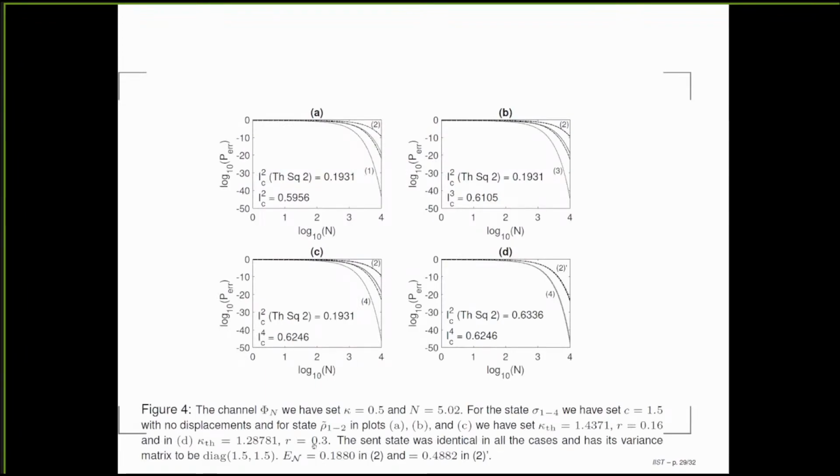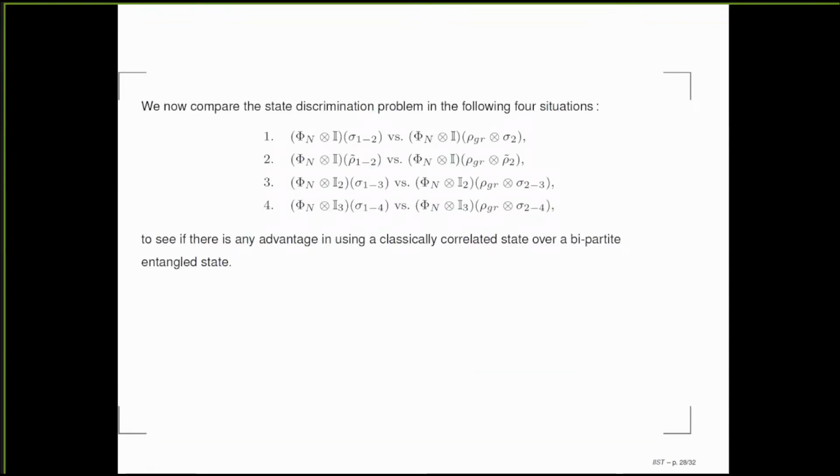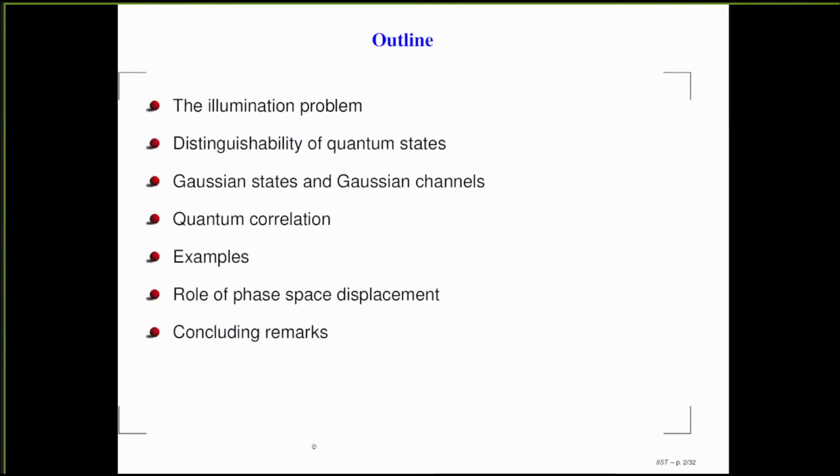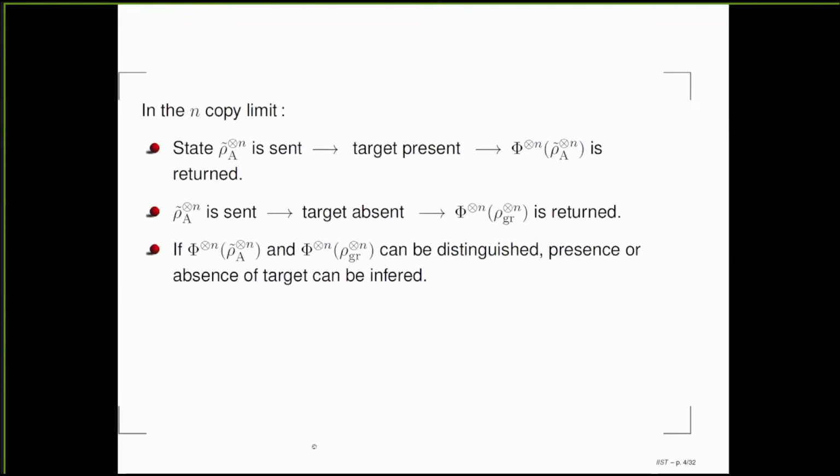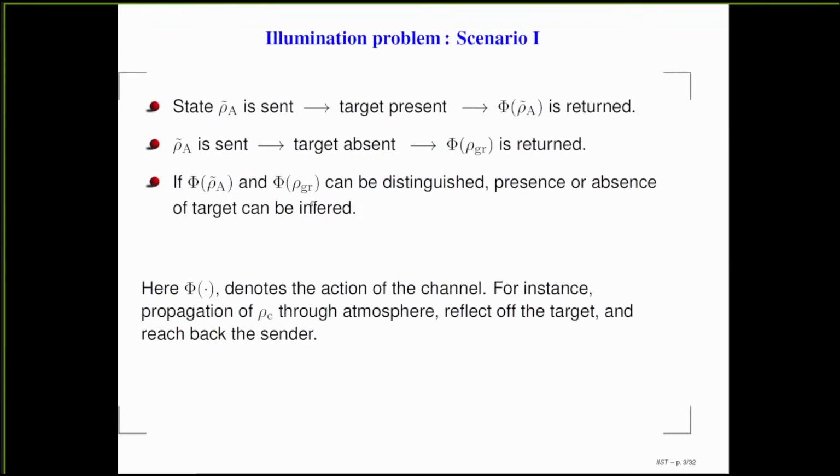It's clear. Could you please give the definition of illumination? Yeah, that's the first slide. Light is described by rho A, some state. Assume that you are shining a torchlight onto a target. If the target is present, some reflection is there.